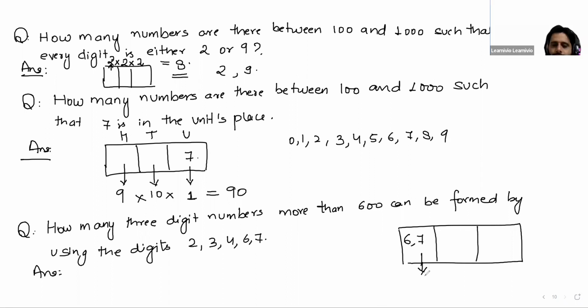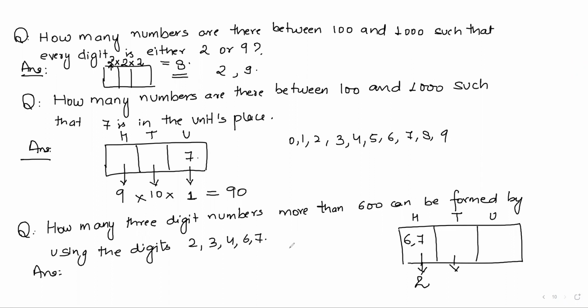So here we have 2 choices. But they didn't say which limit, right, sir? They're saying how many 3-digit numbers more than 600. So more than 600 means, at this place, this is units, tens, and hundreds place. At the hundreds place, we can have 6 or we can have 7, because a number which starts from 7 is also greater than 600.